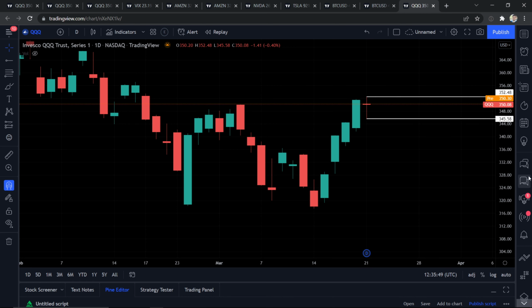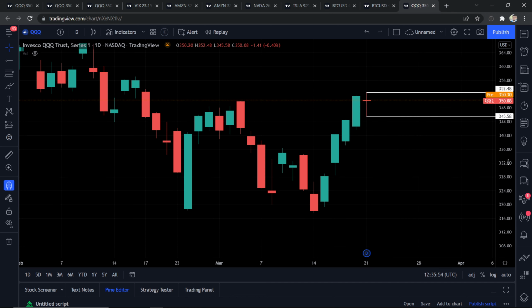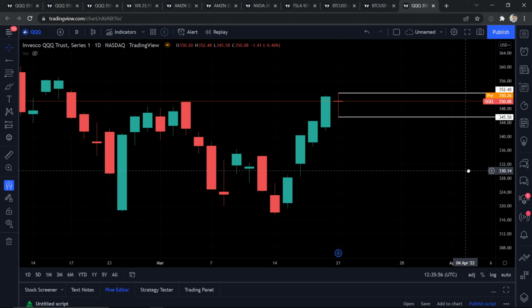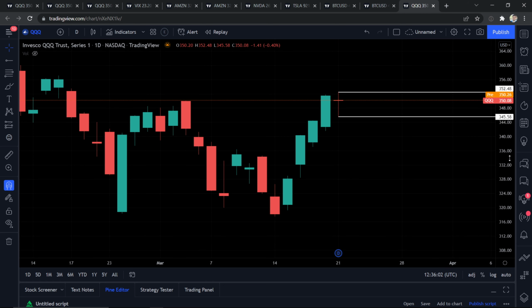And so you want to know what was the high of the day and what was the low of the day. All right. So in this case, the Qs have a pretty big range. It's a $7 range. So that's a decent size range. And so the first tip is essentially knowing what your high and what your low is.